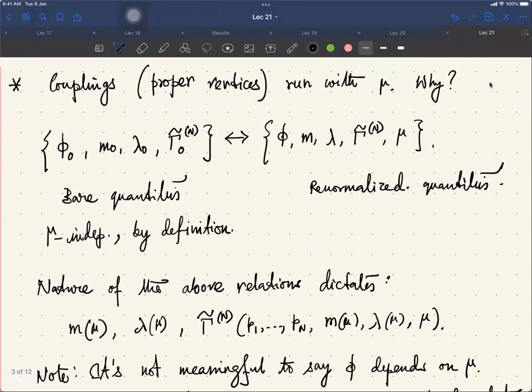So since these quantities are related to these quantities, and these are mu independent, there are combinations of these quantities which are mu independent.